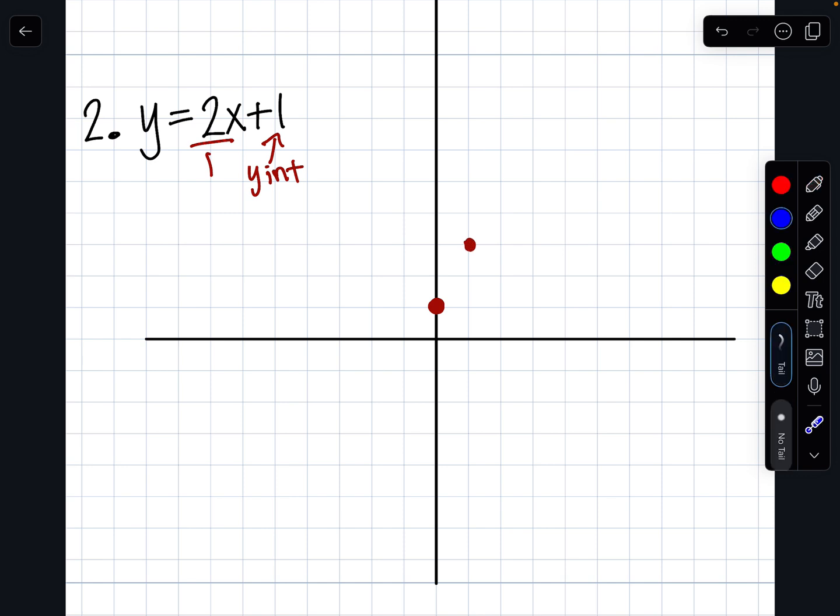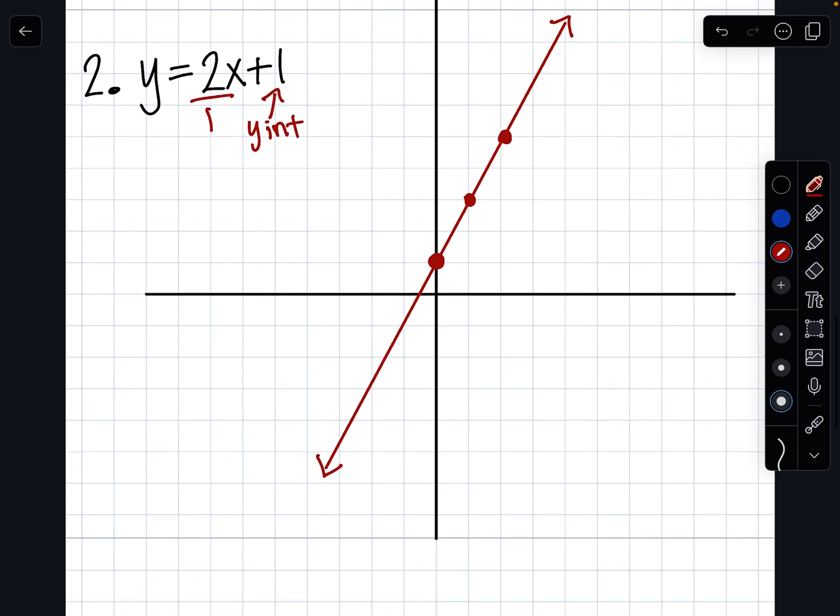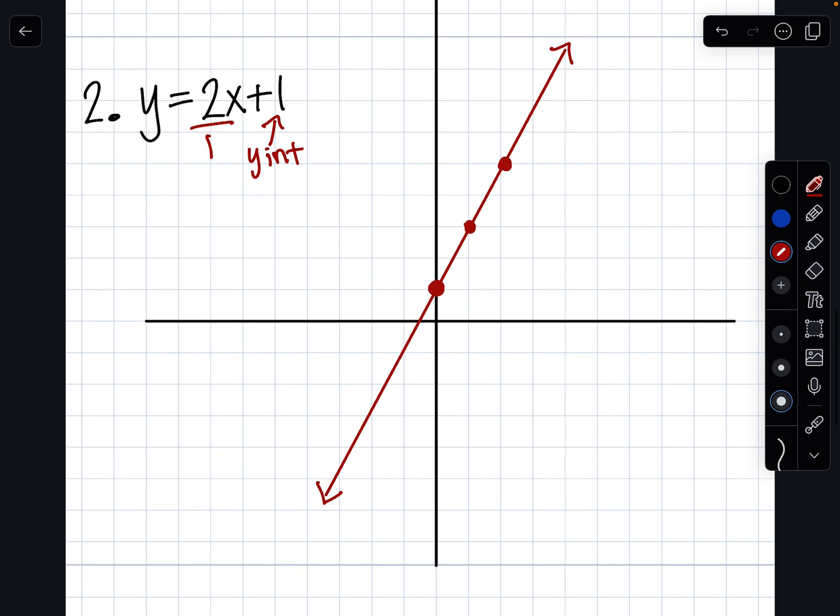From there, we go up 2 again, right 1, put a point. Okay, questions on that?